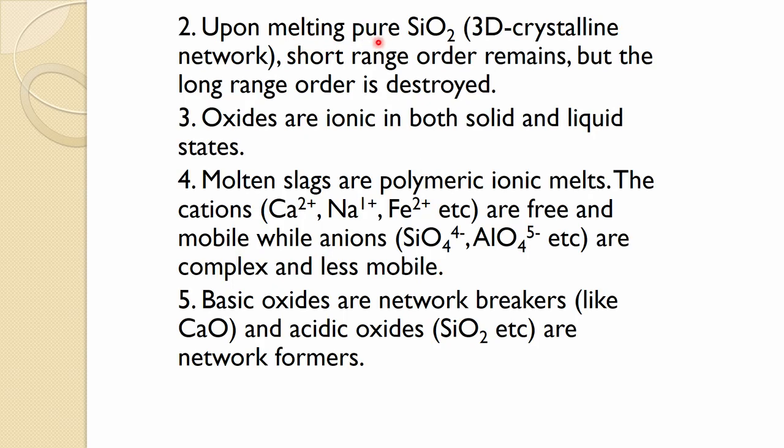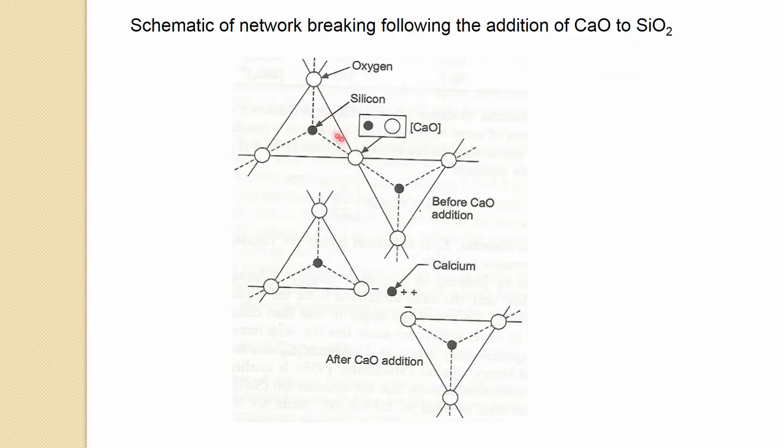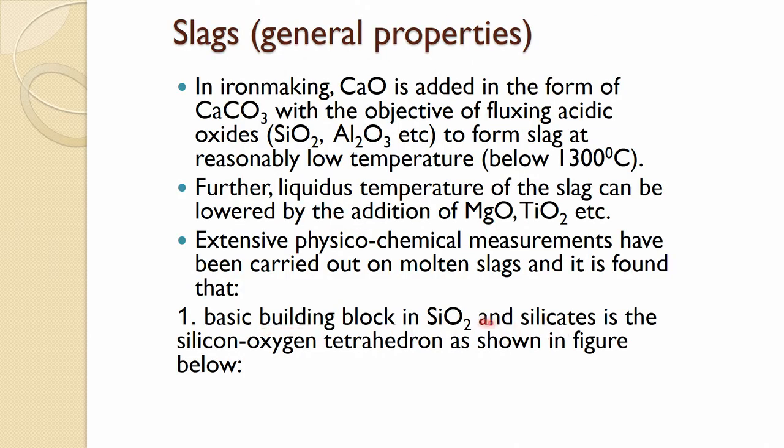Upon melting, pure SiO2, which is a 3D crystalline network, retains short range order, but the long range order is destroyed. You will see the chain keeps extending and makes a very long chain of silicon oxygen tetrahedra, the building block.